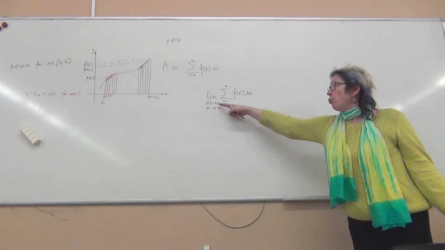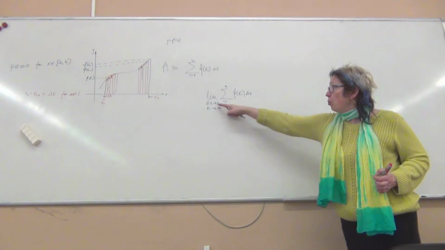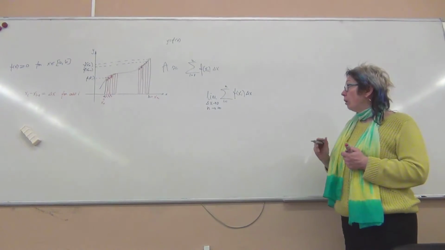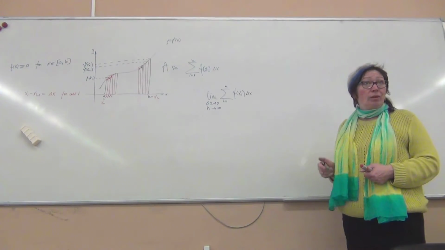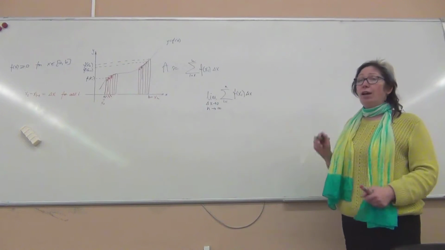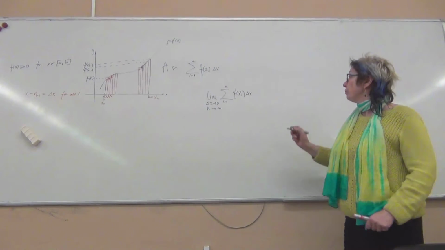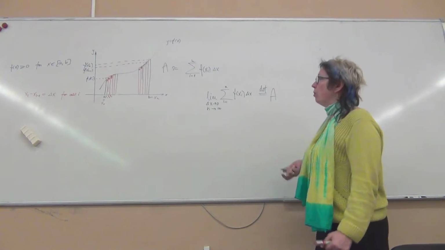I'm just writing both, just to let you know that both statements are true at this point. And we would say, okay, let's define this as the area below the curve. The definition is the area below the curve.